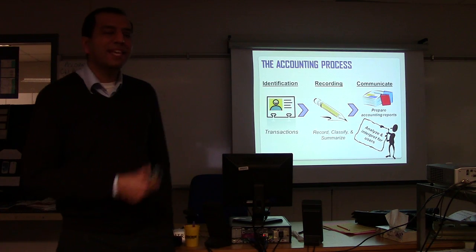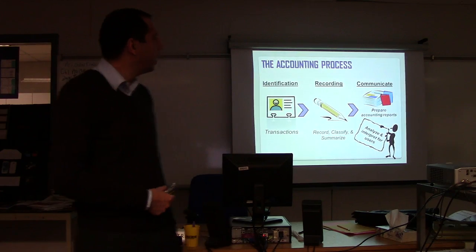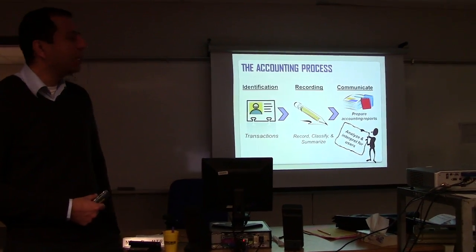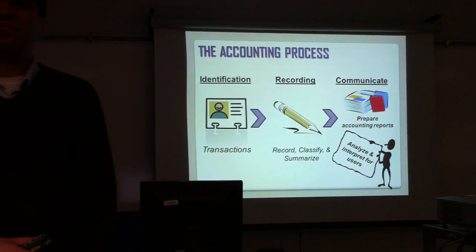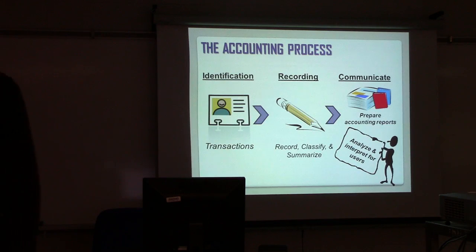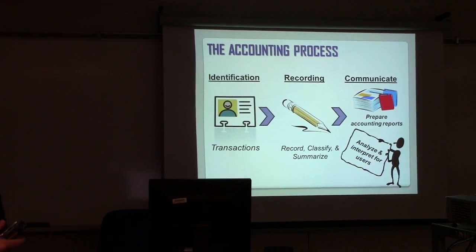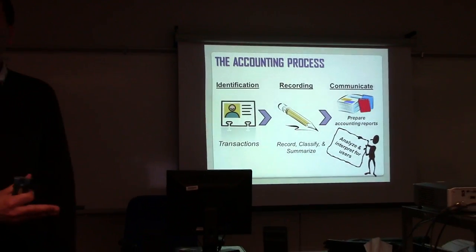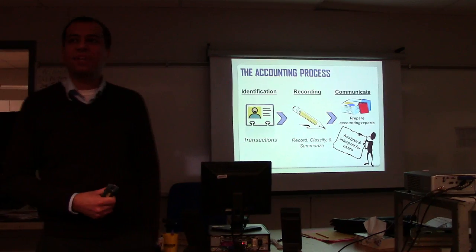So this first PowerPoint shows you the steps in the accounting process. The first one being identification, second one recording, and the third is communicating. So the entire process involves these three things every cycle. Identification.